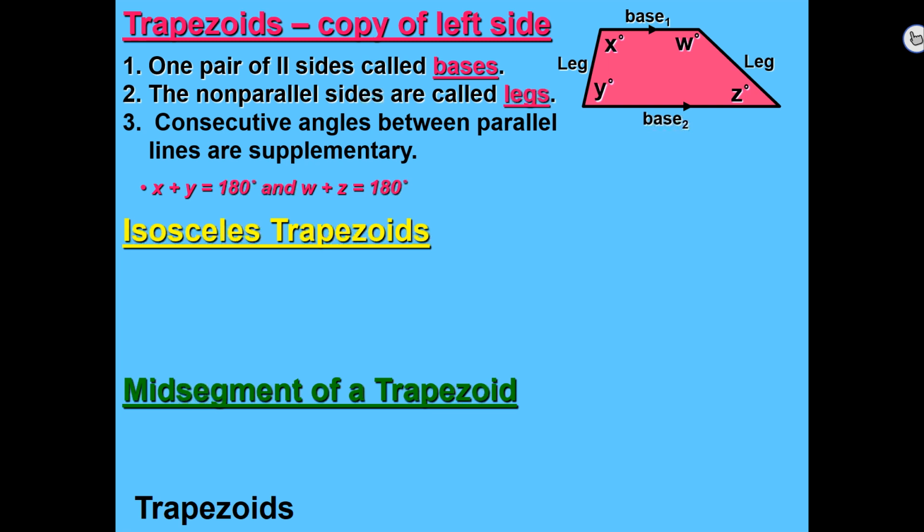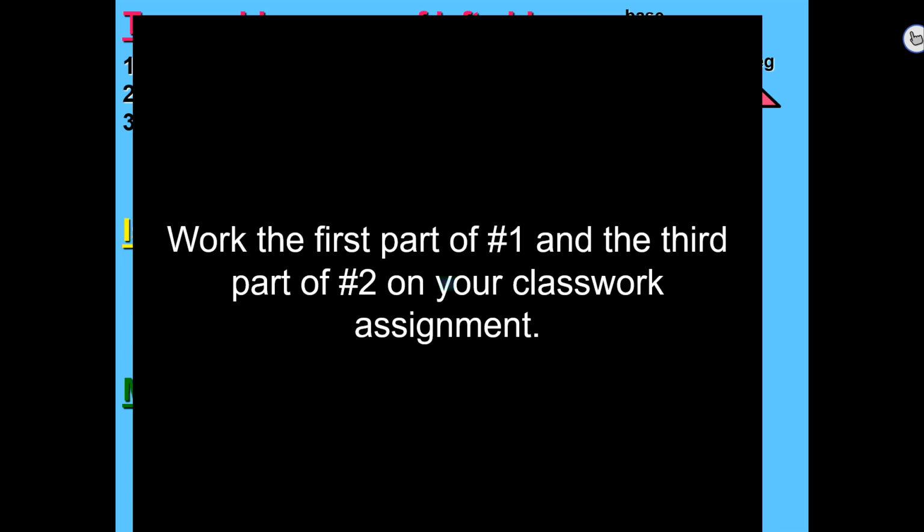All right, next we're going to talk about a specific type of trapezoid. So the type of trapezoid we're going to talk about now is an isosceles trapezoid. It's similar to having triangles, and then we have special types of triangles, right? So an isosceles trapezoid is similar to an isosceles triangle.